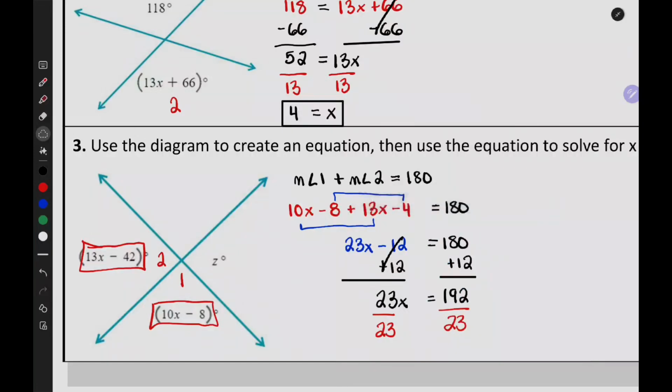Let's slide that over. All right, so we got 13x minus 42, which will give us 50 in this step. My bad. So we would want to add 50 to both sides. And 180 plus 50 is 230. Alright, we still want to divide by 23 as our last step, and we get that x is equal to 10.